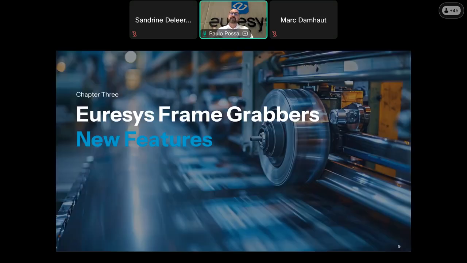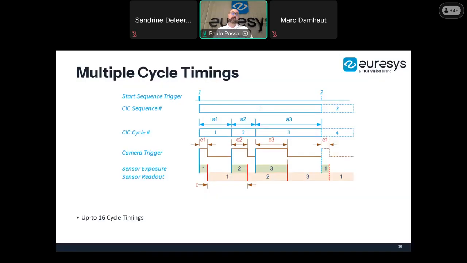So now let's take a look at some of the new general features of the Coaxlink frame grabbers. The first one is called multiple cycle timings. This feature allows us to create triggered sequences with different timings for camera exposure and strobe.